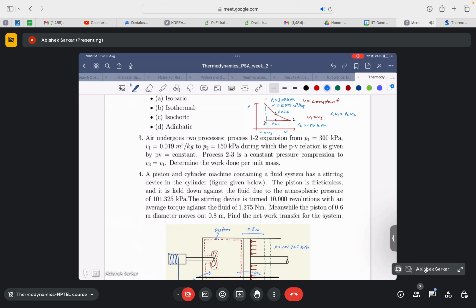First find the value of V2, then find the net work interaction. So what does PV equal to C imply, or what is the PV work in the case of PV equal to C? Find that work interaction. Then the second work done is very simple. 2 to 3 is a constant pressure process. It will basically be P into delta V. Find that and tell me the net work interaction.